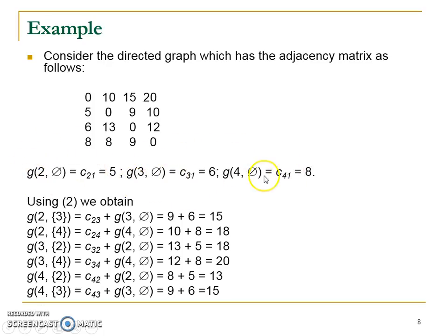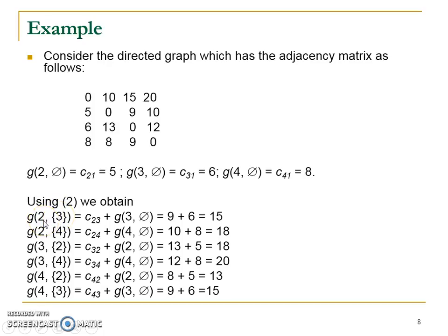Using this, we now try to find a solution where the size of the set is 2. So, I take g of 2 comma 3, meaning I start from 2, visit vertex 3 and then go back to vertex 1.